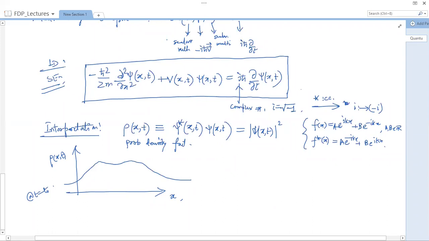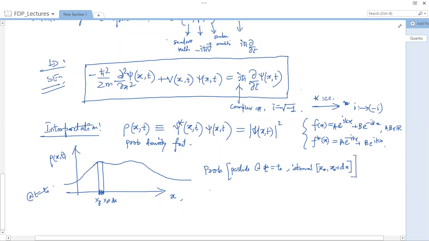Something like that. Now the probability density function gives the probability of finding the particle at time t equal to t naught in the interval x naught to x naught plus delta x.